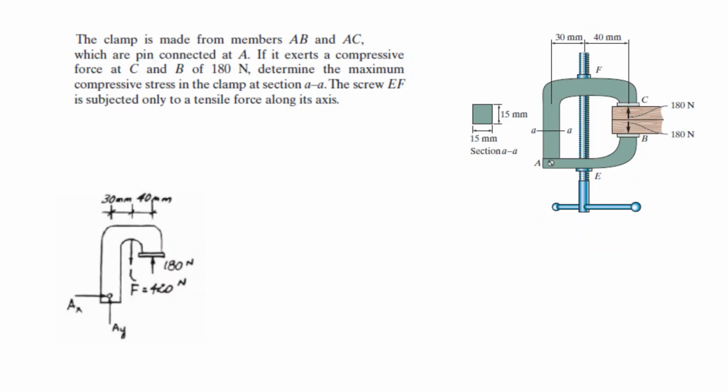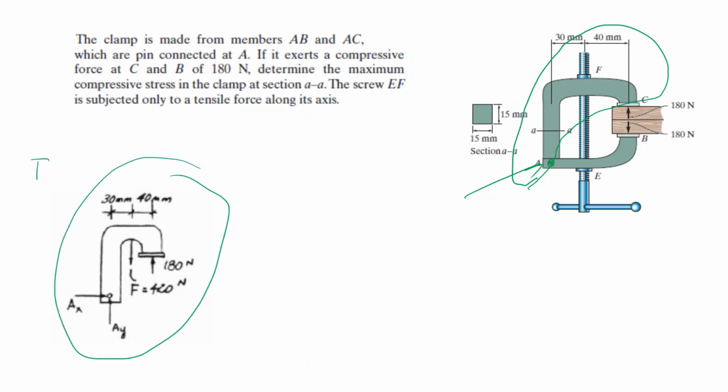The first thing we have to do is take one part and calculate the forces in pin A. If you take this part and draw the free body diagram, this is my external force. This is not known.